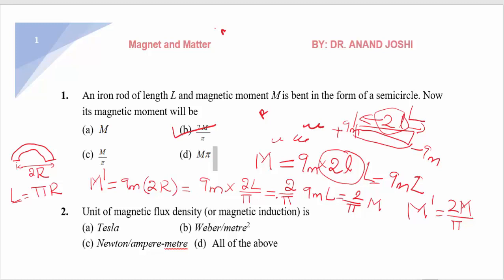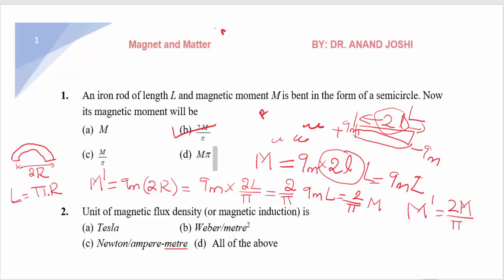So magnetic moment M is written as Qm into 2L, where 2L is the length from one end to the other end, but in this question L is given instead of 2L. So new magnetic moment M dash equals Qm into 2r. Why 2r? Because it is bent in the form of a semicircle, the length from one end to the other end is 2r.